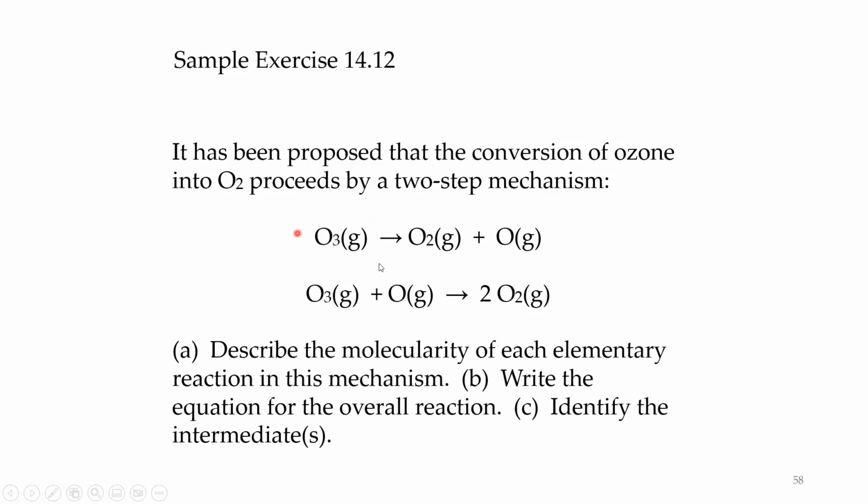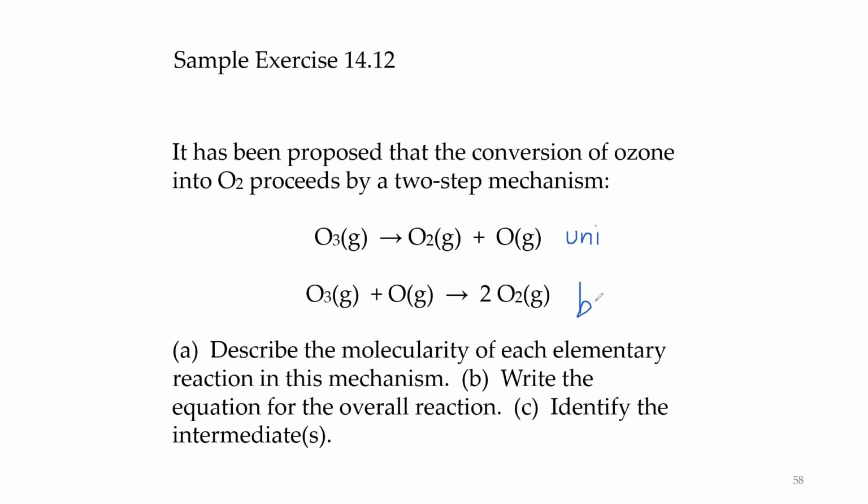So for the first one here, this would be known as unimolecular. Just because we've only got one molecule to start, we just have that single ozone, so O3 is just ozone. We just have that basically decomposing to diatomic oxygen and then the single oxygen atom.